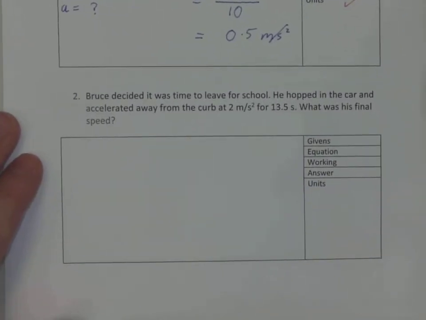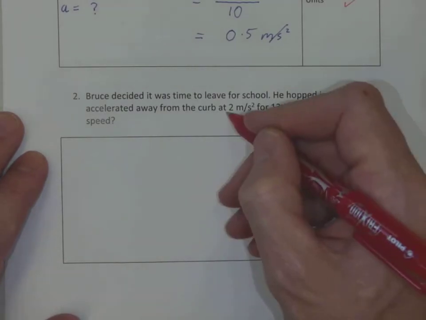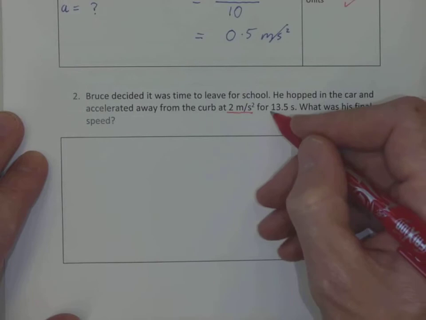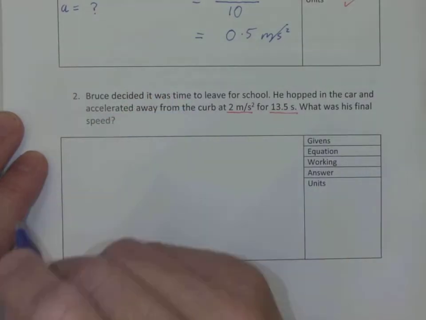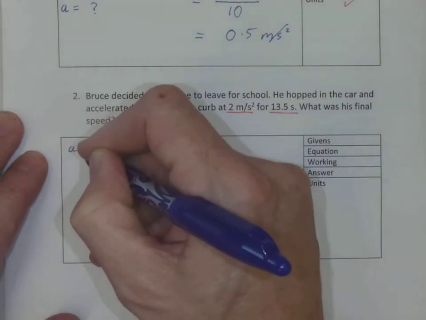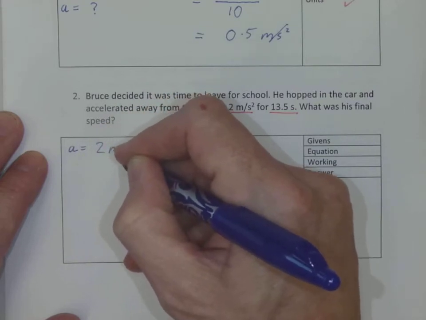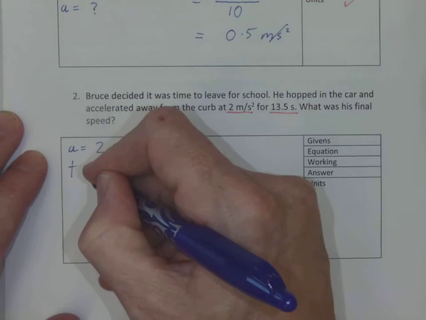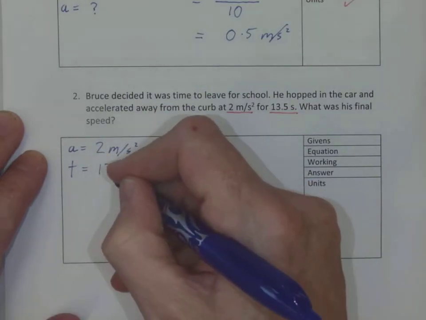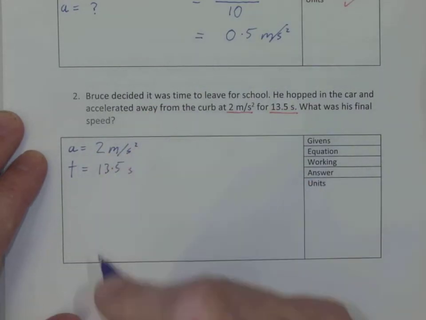Bruce decided it was time to leave for school. He hopped into the car and accelerated from the curb at 2 meters a second per second for 13.5 seconds. What was his final speed? So let's see now. I know that his acceleration here is equal to 2 meters per second per second. I know that the time involved is equal to 13.5 seconds.